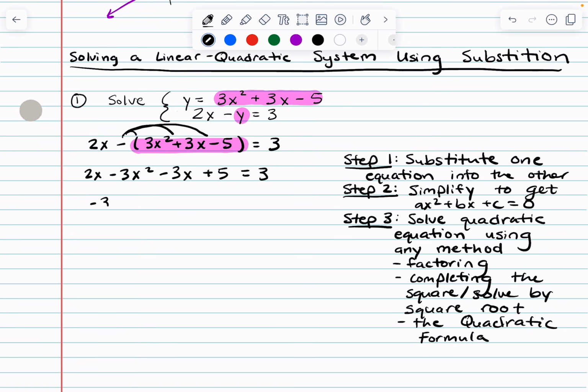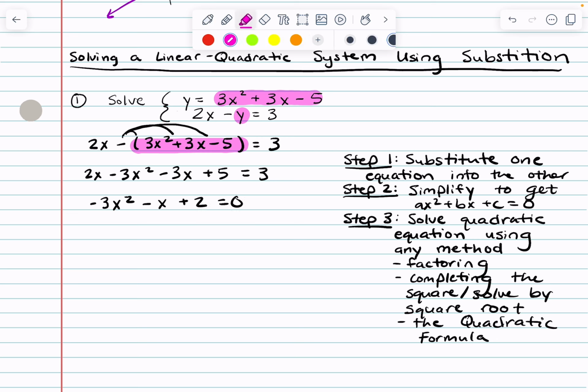So I have negative 3x squared, and I have this 2x and negative 3x, which gets me negative 1x, or just negative x. And then I notice that I have this 5 and 3 here. I'm going to subtract both sides by 3, so I end up getting 2 on the left side and 0 on the right.